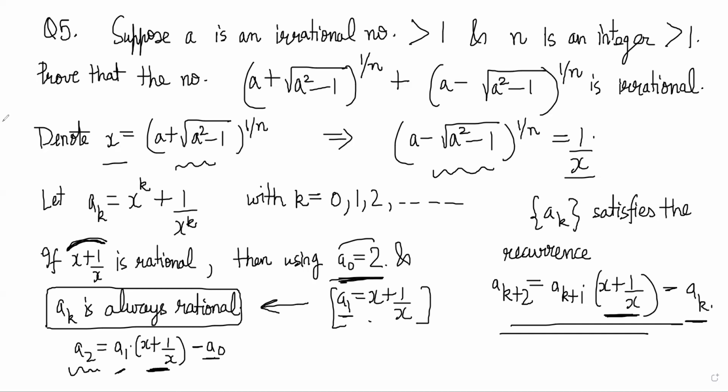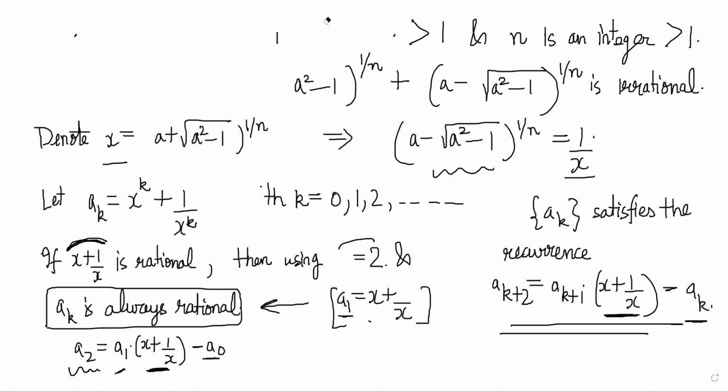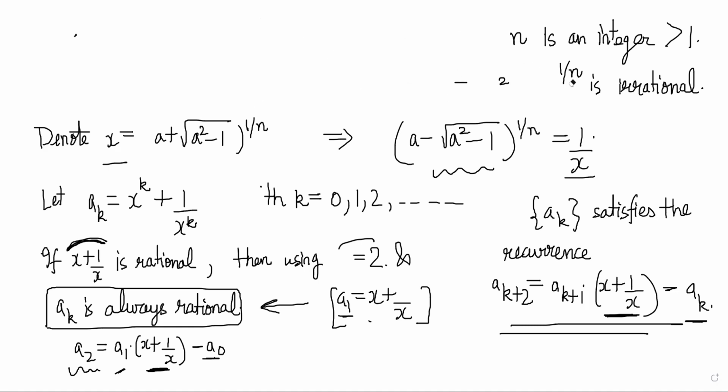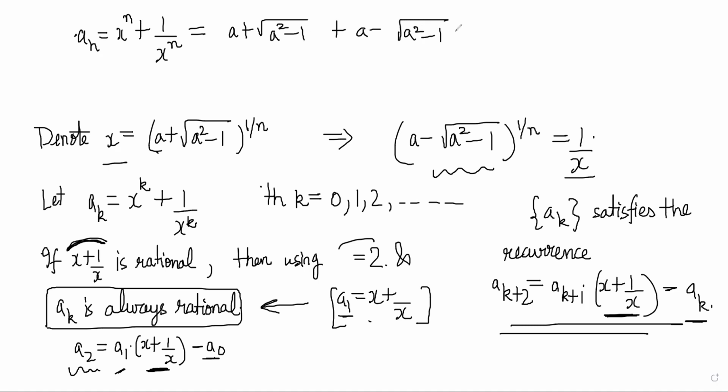So now let's see what happens when you put k is equal to n. What you get is a_n. a_n is x to the n plus 1 by x to the n, which, if you calculate it, is (a plus root over a square minus 1) plus (a minus root over a square minus 1), which is equal to 2a, right?